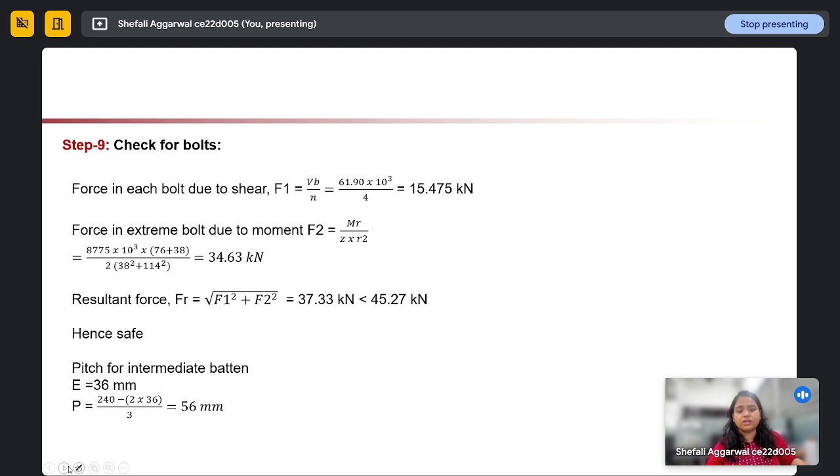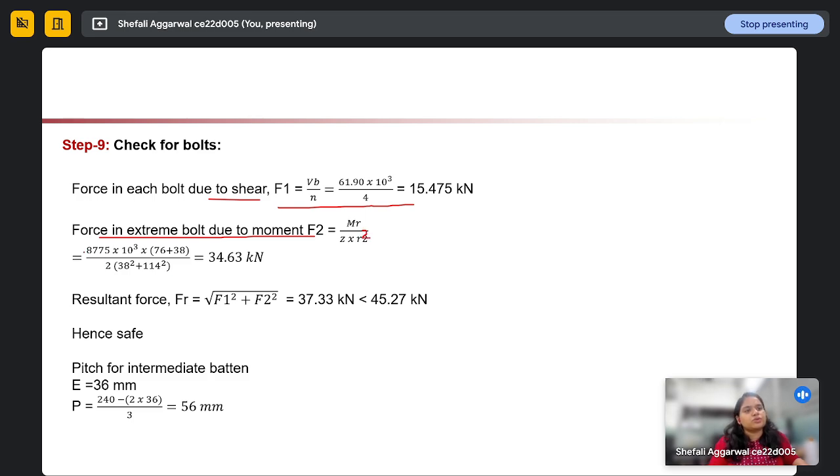Next, we have designed our bolts. Now we will apply the check for our bolts. The first check is the force in each bolt due to shear, which is given by V divided by n. V we have calculated, and it is divided by the number of bolts. Then the force in the extreme corner bolt due to moment will be given by M into r divided by the sum of r square.